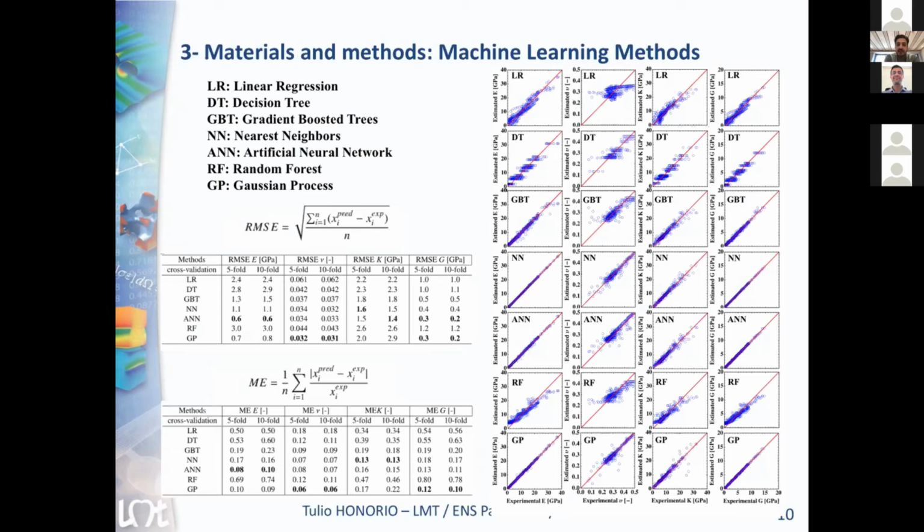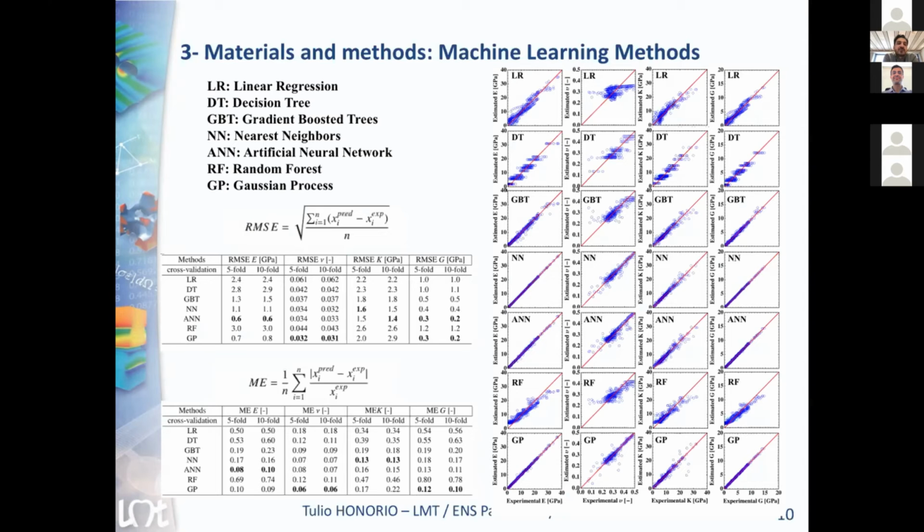And you can see here more dispersion in the points means that the performance of the predictions is poorer. So as you can see here, Gaussian processes, neural network and nearest neighbors are the best performance for the estimations according to the database.